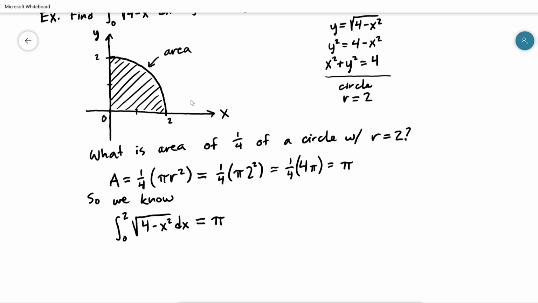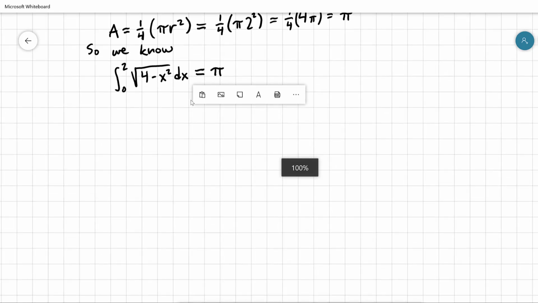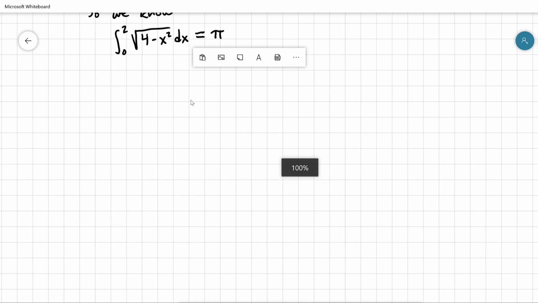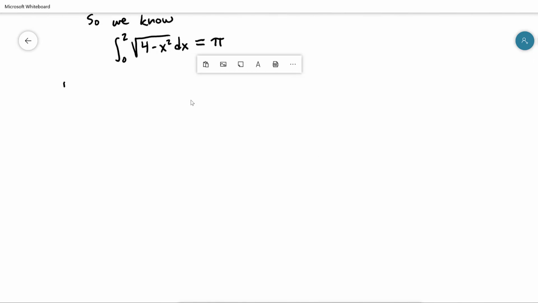So in our next example, let's try to treat this thing as though it were a Riemann sum. Essentially, let's use this limit definition. And we're going to need to know a couple of things that I will point out along the way. But for now, let me just write out what we're going to do. So I want to convert the integral from 0 to 2 again of a different function.